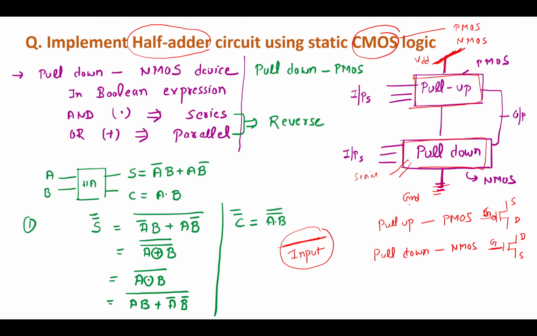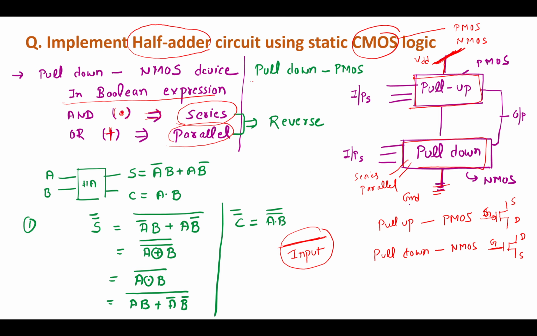So how to identify the series and parallel connection? One concept is there in the Boolean expression: you just check the dot operation, or NAND operation. This represents the series connection, and if you find any plus sign in the Boolean expression, this represents a parallel connection.